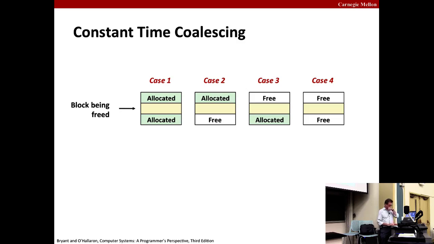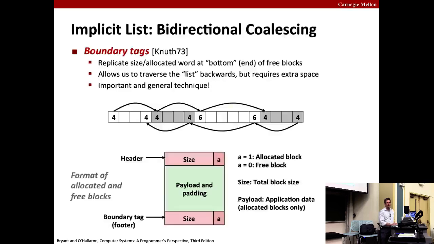Okay, so given this idea of the boundary tag, and given that we have some allocated block that we want to free, this yellow block. Yes, question? In the previous slide, when we had a block of size 4, if you put two boundary tags, does that reduce the size? Yeah, so just to summarize the question: when you're looking for blocks that fit, you have to include the size of the header and the boundary tag.